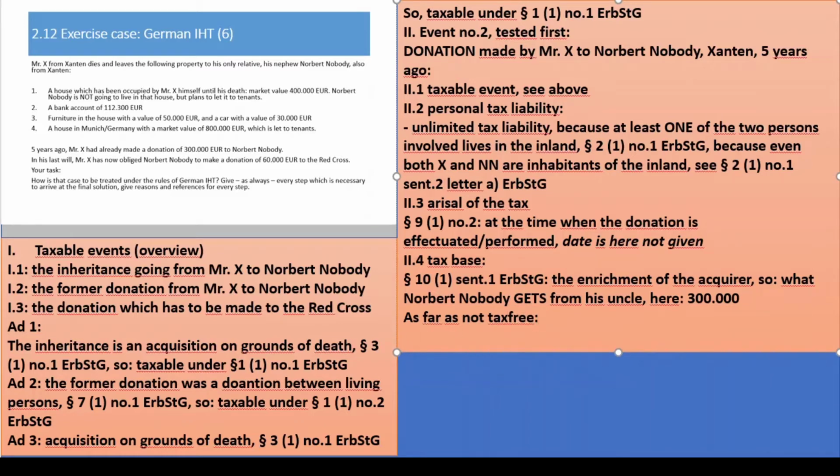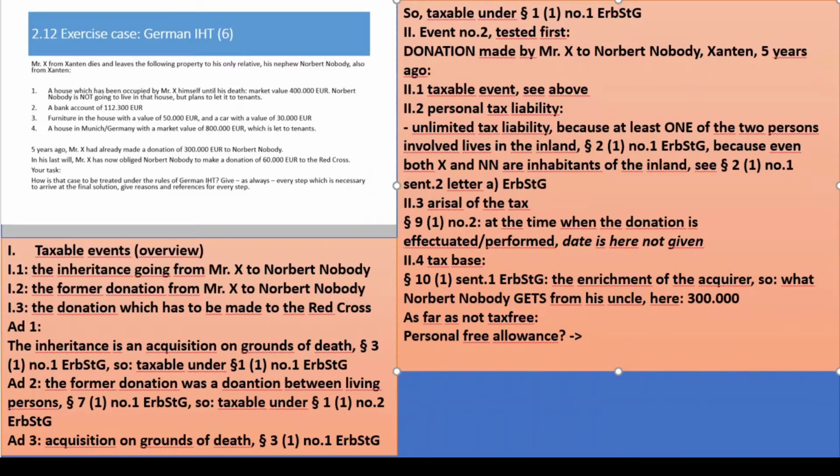So we have to look for tax exemptions, and there naturally it comes to our mind that there is a personal free allowance, which always exists, and so we will have to look to paragraph 16. But as the personal free allowance depends on the tax class, we will first have to look up which tax class a nephew qualifies for.